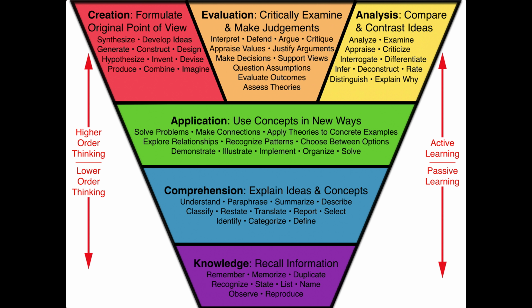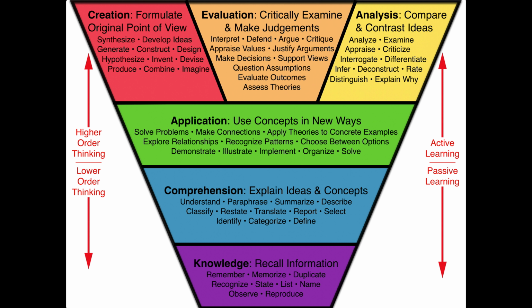At the top of the pyramid, your writing becomes much more nuanced. Here, your essay would demonstrate application, using concepts in new ways, creation, formulating an original point of view, evaluation, critically examining and making judgments, and analysis, comparing and contrasting ideas.